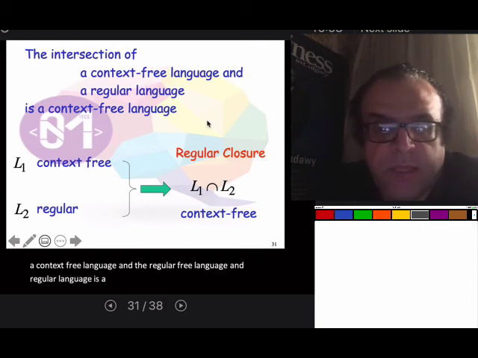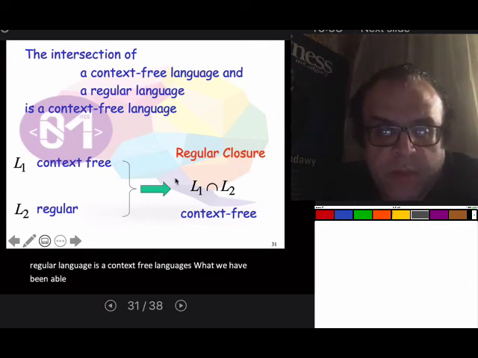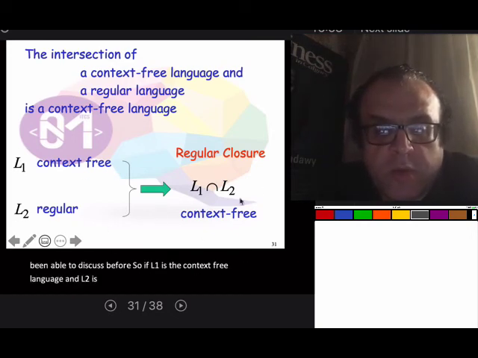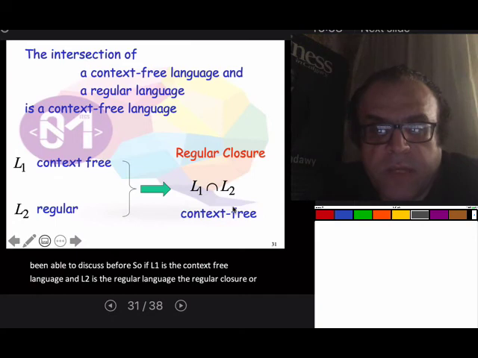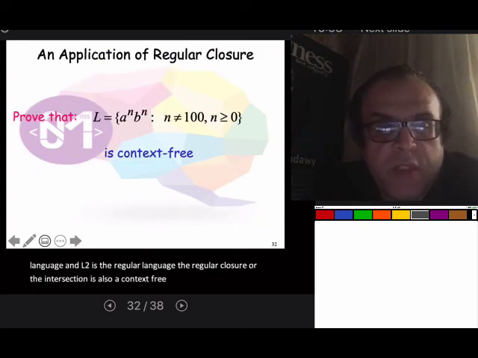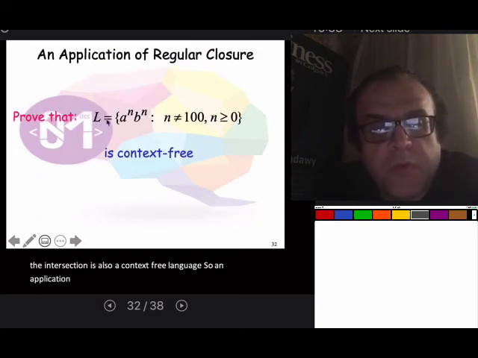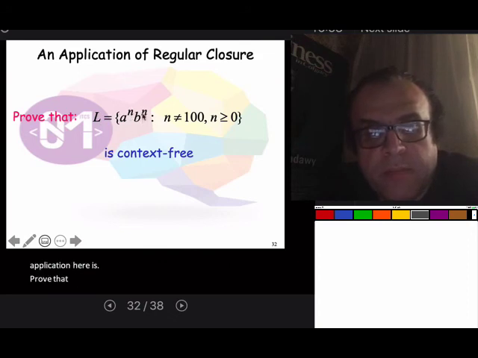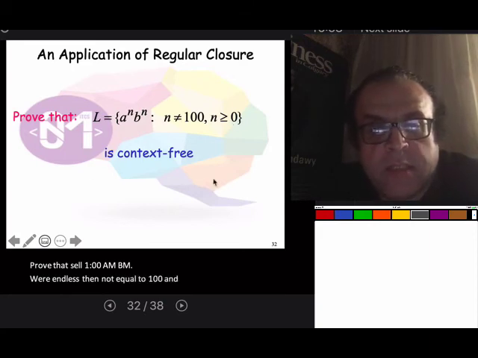This is what we were able to discuss before. So if L1 is a context-free language and L2 is a regular language, the regular closure, or the intersection, is also a context-free language. An application here is to prove that L1 = {a^n b^n : n ≤ 100 and n > 0} is a context-free language.